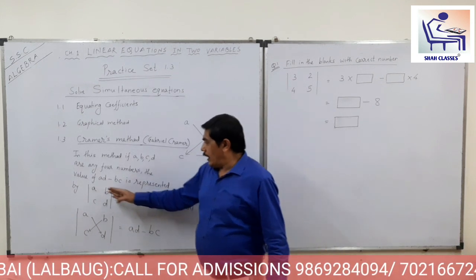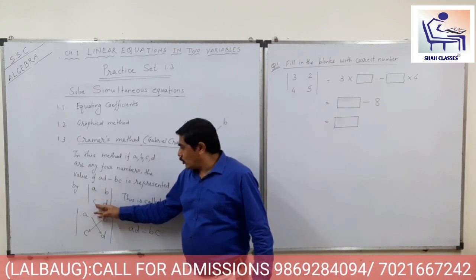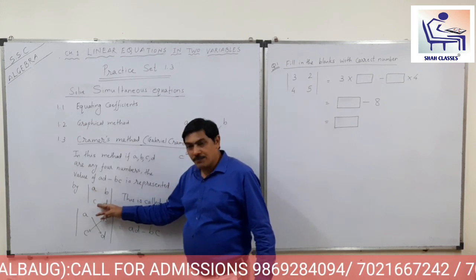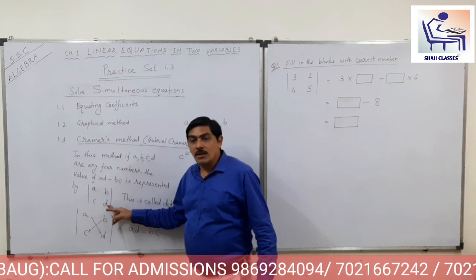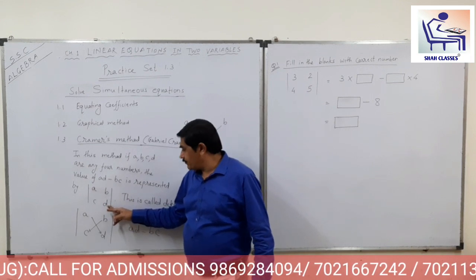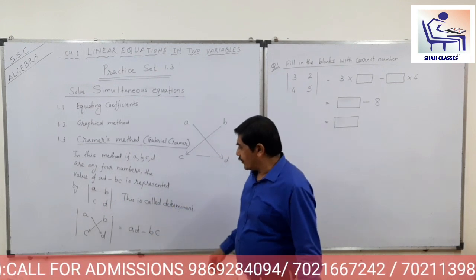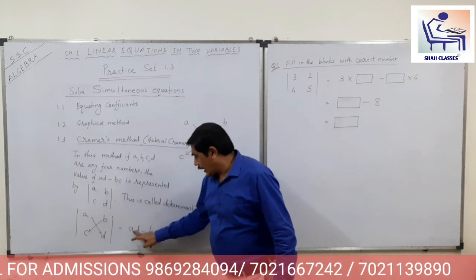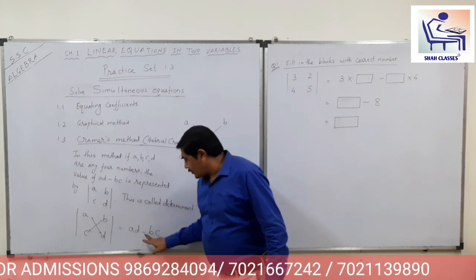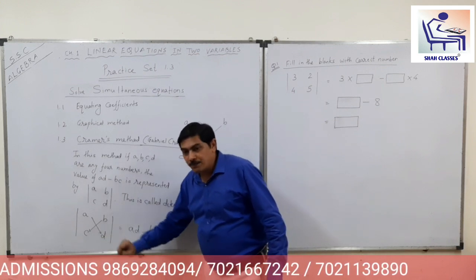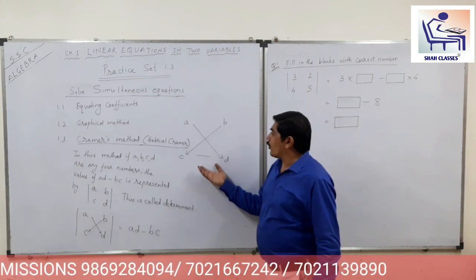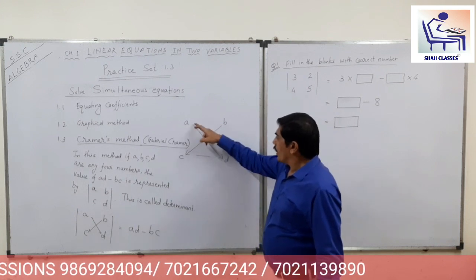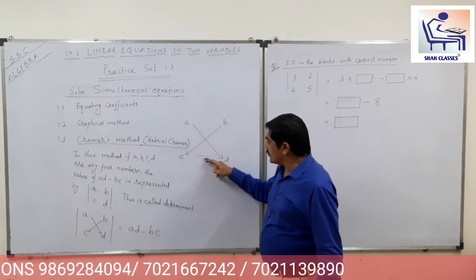So A and C are the values of, say, the x variable, and B and D are the values of, say, the y variable. In this special method, we do the cross. So A into D, that is AD, minus B into C. In a summarized form, we can easily remember AD minus BC.